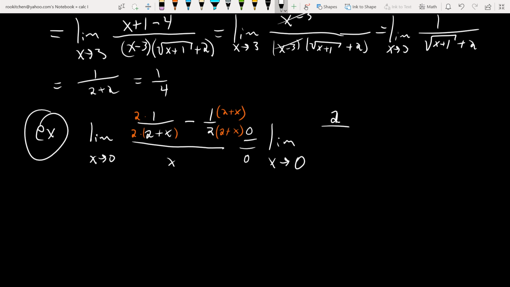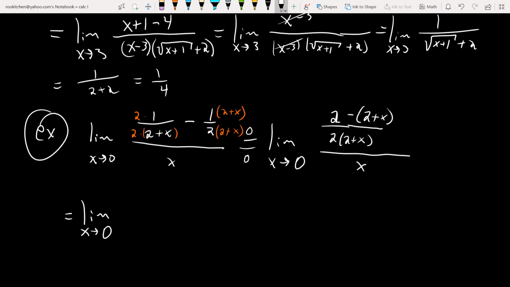This will be 2 all over 2 times (2 + x), and then minus the other numerator, which is 2 plus x, and then divided by x. Let's simplify this a bit. As x goes to 0, 2 minus (2 + x), so that will be minus x in the numerator, all over 2 times (2 + x). And when you divide by x, that's the same as multiplying by the reciprocal of x, which is 1 over x.